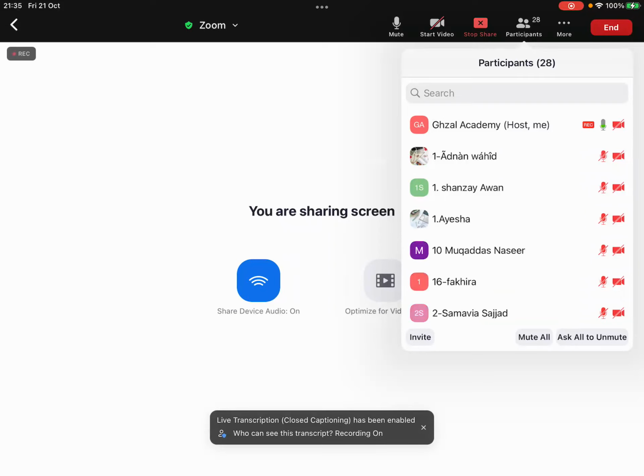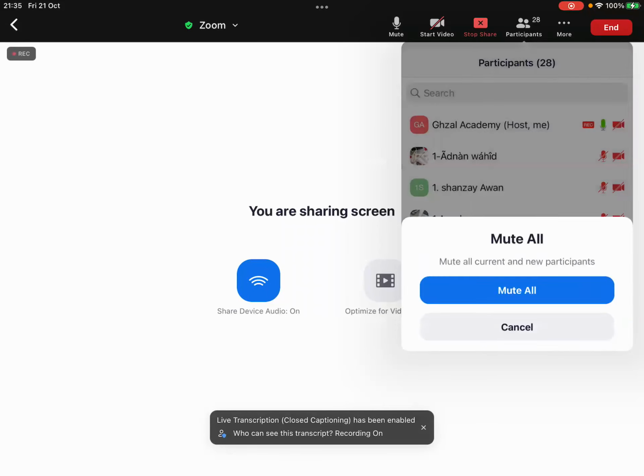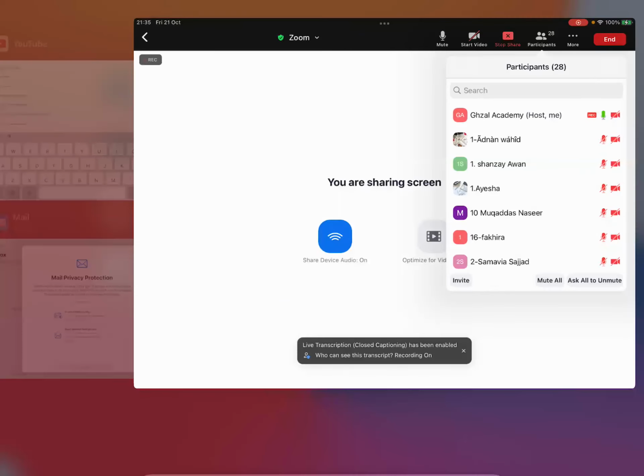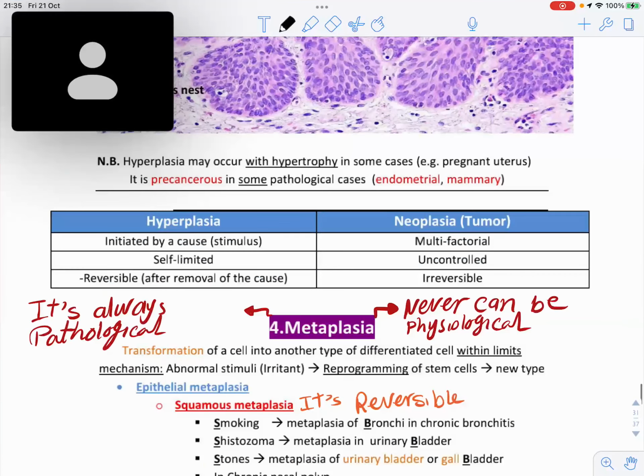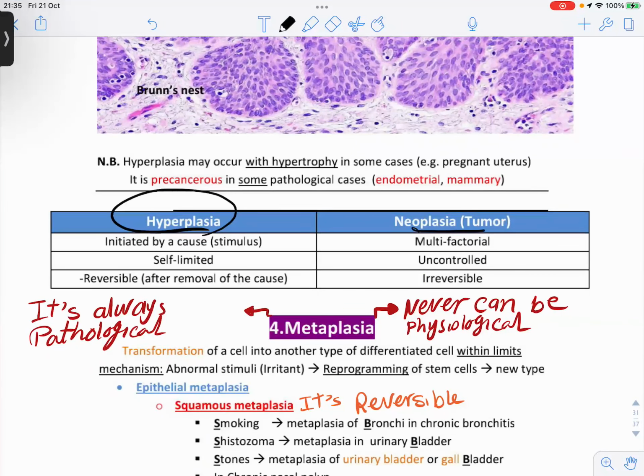Not exactly, but okay. Let me show you. Here's a schedule. Here is hyperplasia, and here the neoplasia or tumor, the cancer. First, hyperplasia is reversible, but of course, cancer is irreversible. Hyperplasia is self-limited, controlled. Just get rid of the stimulus, and then you can treat hyperplasia.